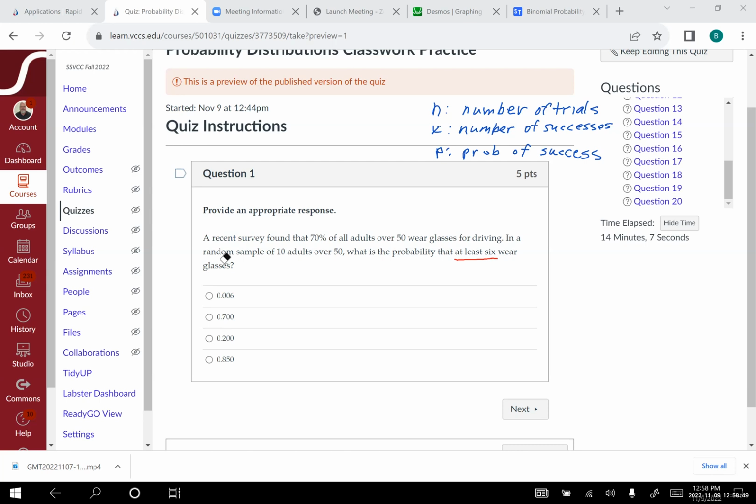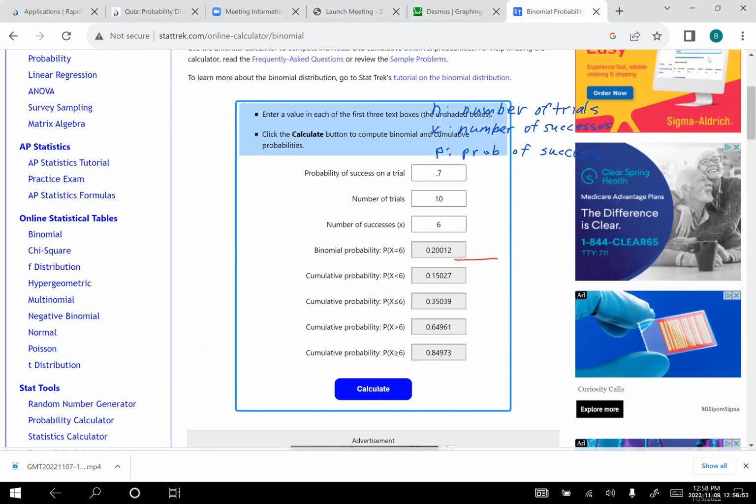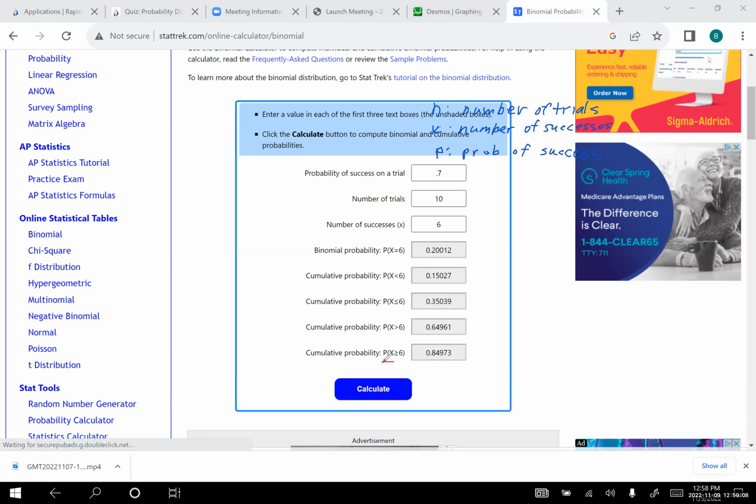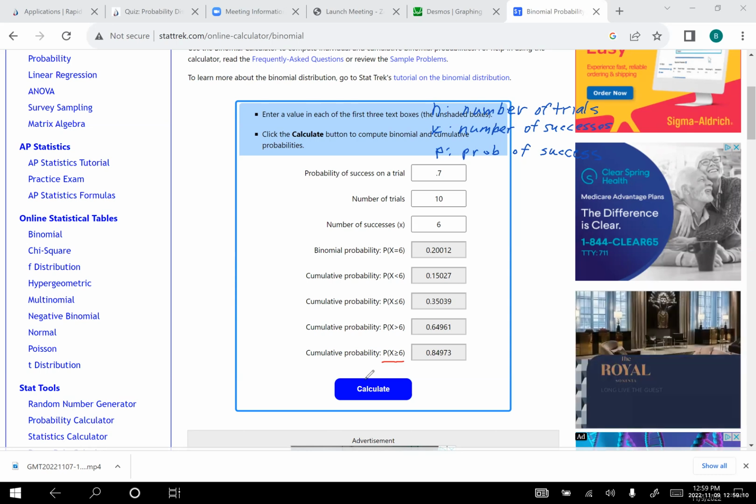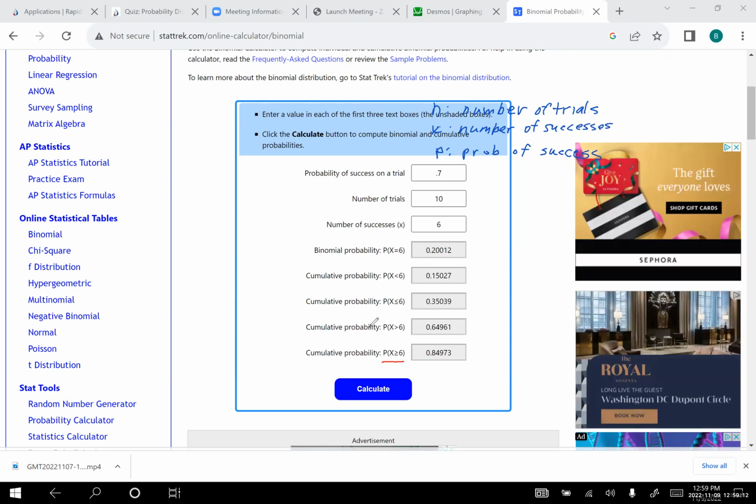At least 6, what does that mean? Greater than or equal to? Yeah, at least 6 means greater than or equal to. So which one of those is it? The 0.84. Right. Sorry, but Mallory, you were correct for what I asked. Unfortunately, I asked the wrong question.